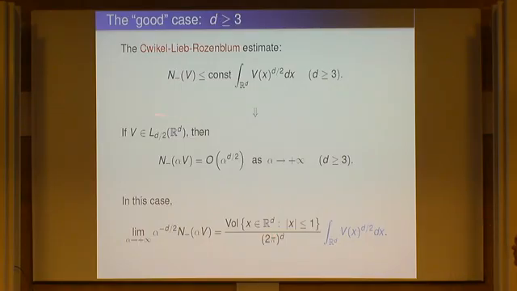If you have your potential in this space, then not only do you have the order estimate, you really have the leading term of the asymptotics, and the integral we have on the right-hand side is there for a good reason. This is exactly the leading term of the asymptotics.